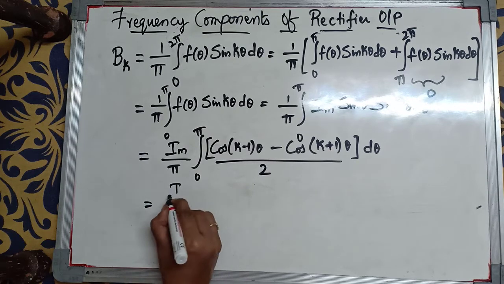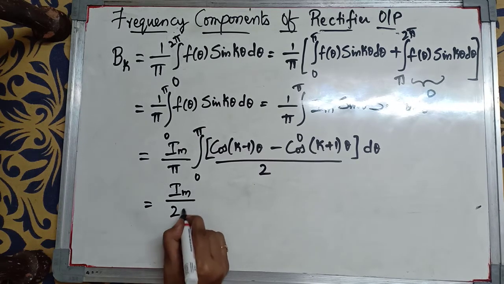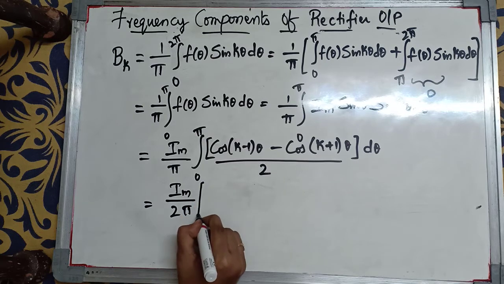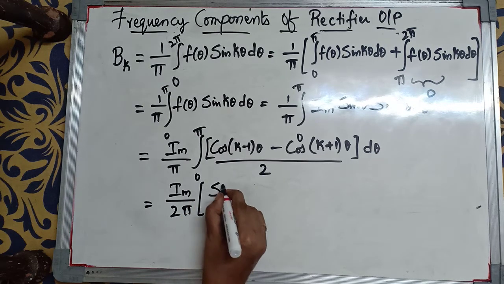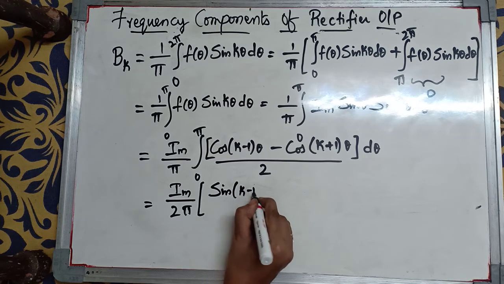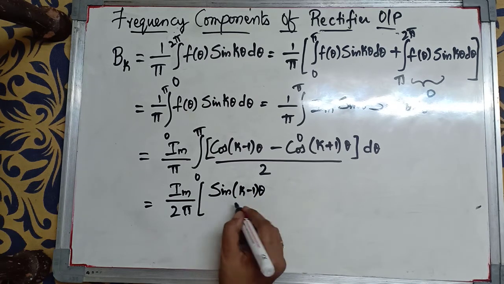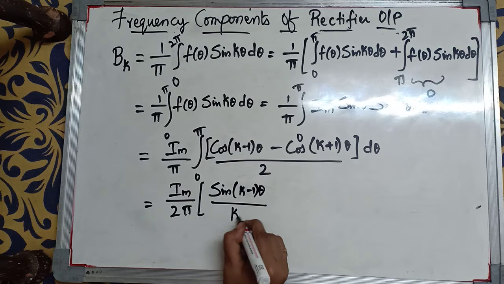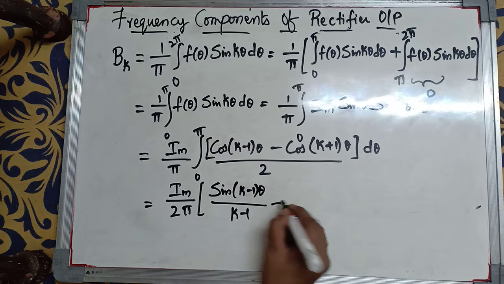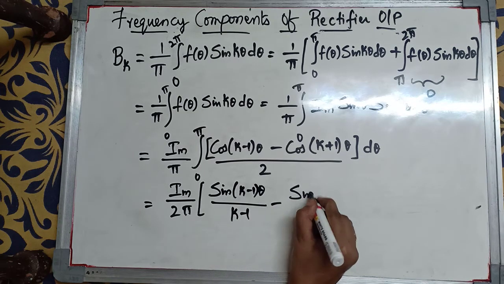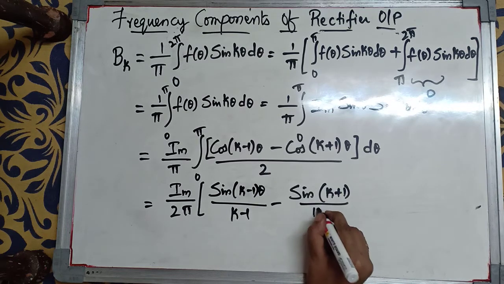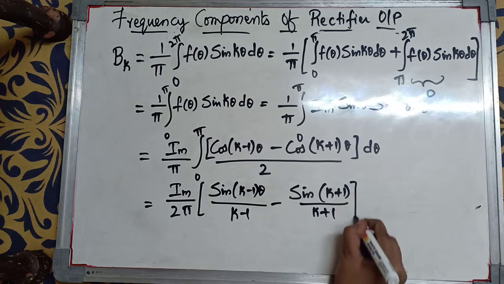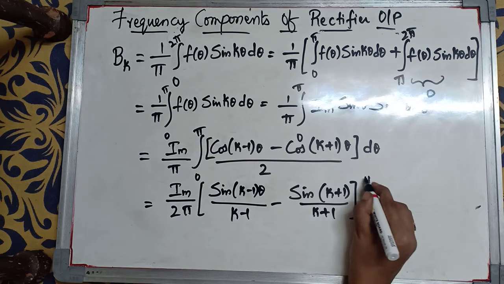So you will get Im by 2 pi into integral of cos is sine. So I write it as sine k minus 1 into theta by k minus 1 minus sine k plus 1 into theta by k plus 1 between the limits 0 to pi.